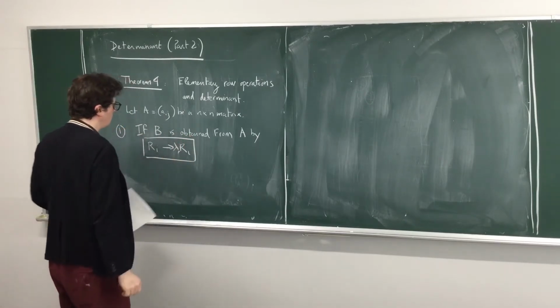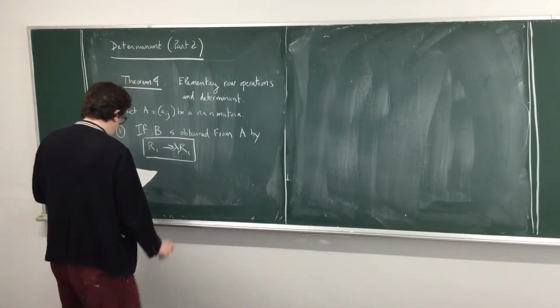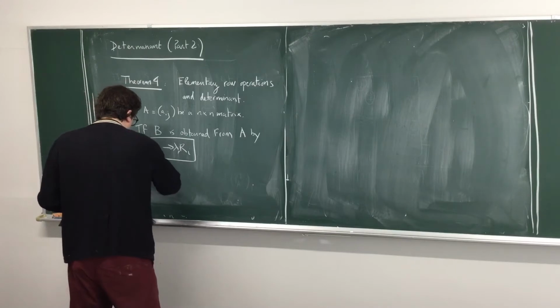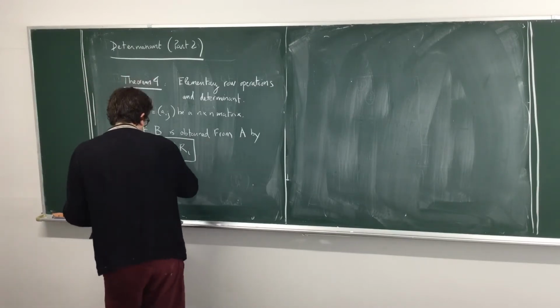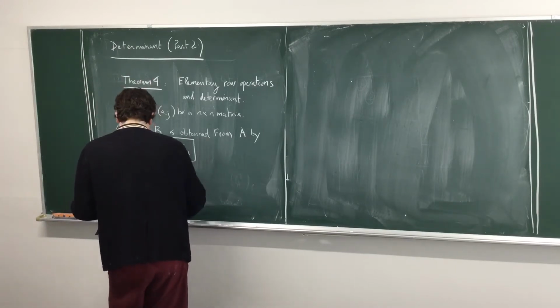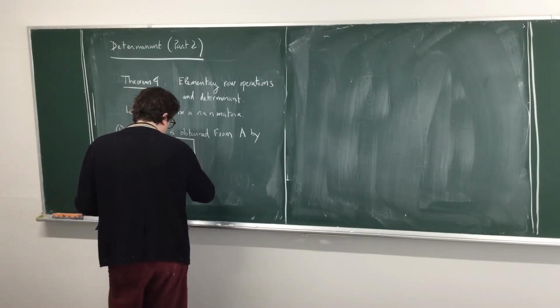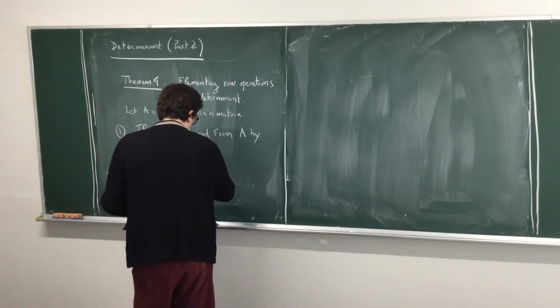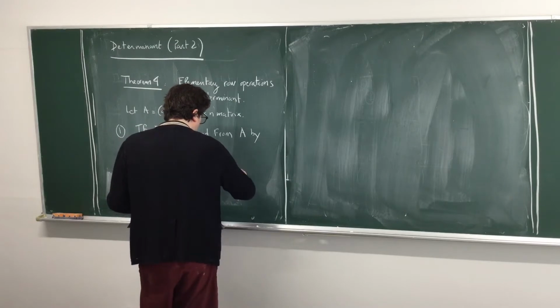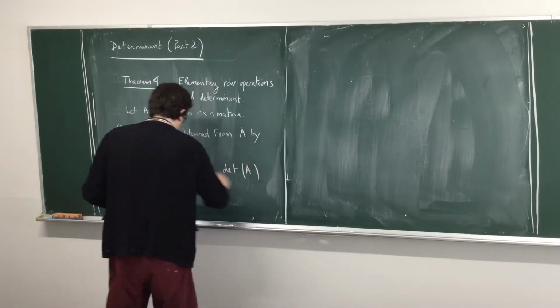So this is one of the elementary row operations. Then what happens for the determinant? Well, the determinant of the matrix B will be equal to lambda times the determinant of the matrix A.